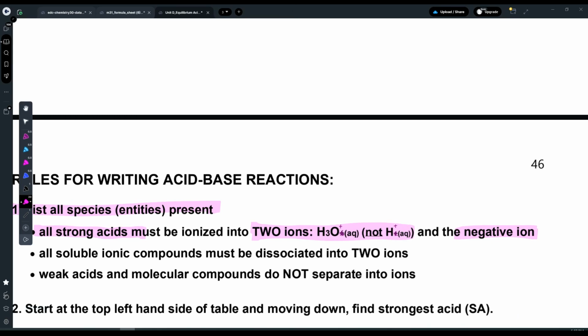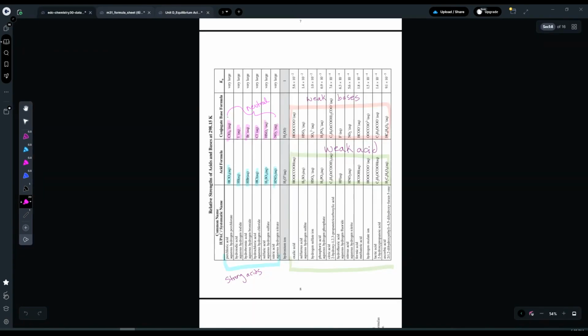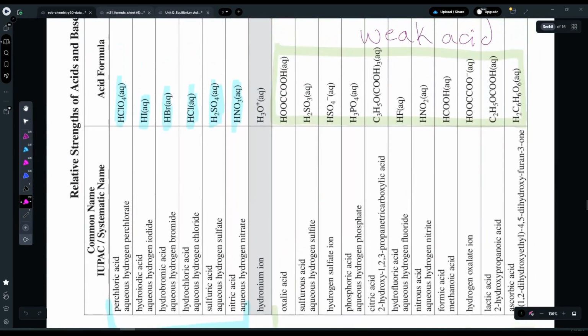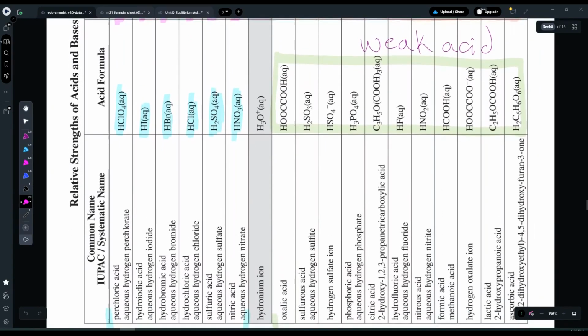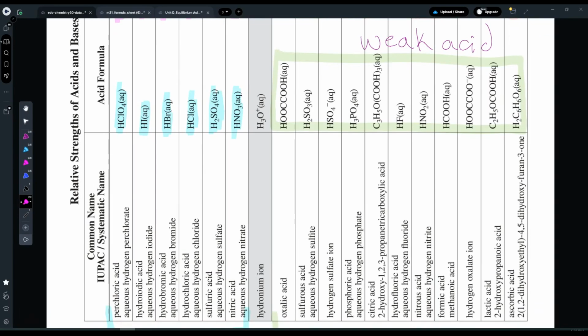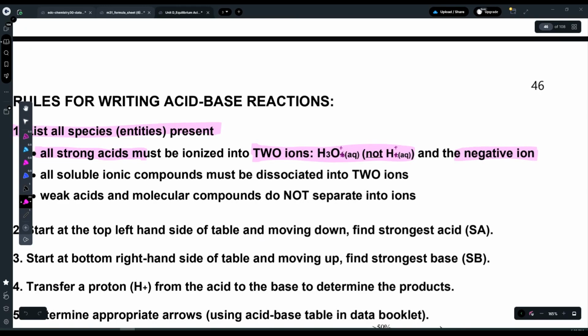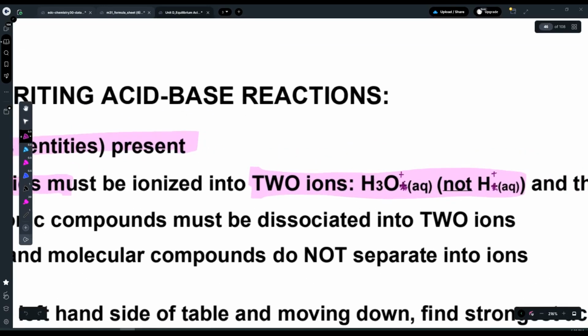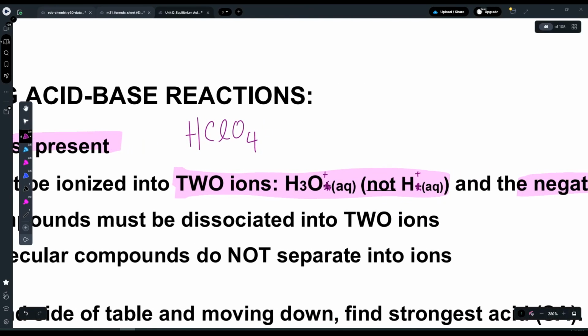For example, let's say we had perchloric acid, HClO4. How we would ionize that is we would write out the compound.